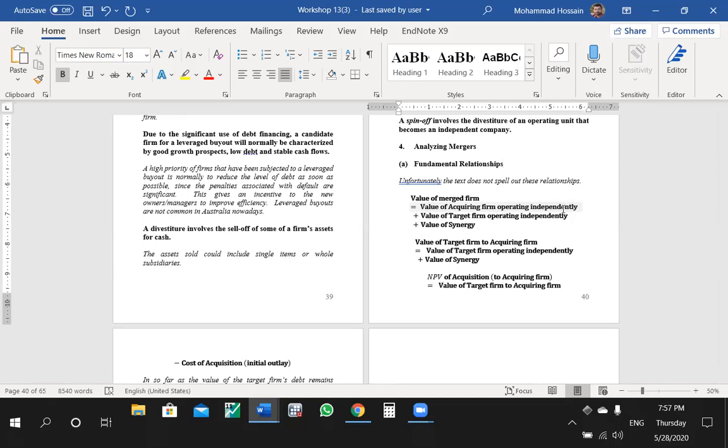What is the value of synergy? Value of synergy means that what these two firms could not do independently or separately, being together now, they can do because they're combined. This is known as value of synergy. Let's say Nokia and Motorola came together.